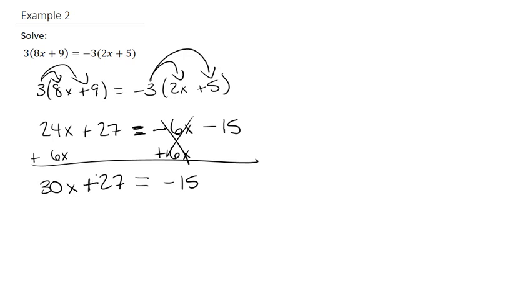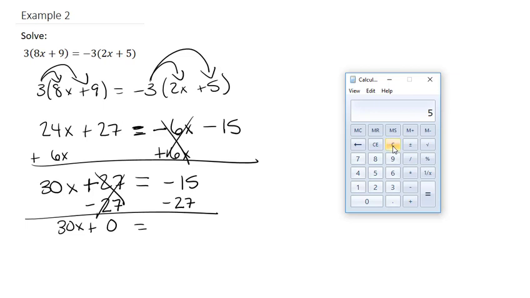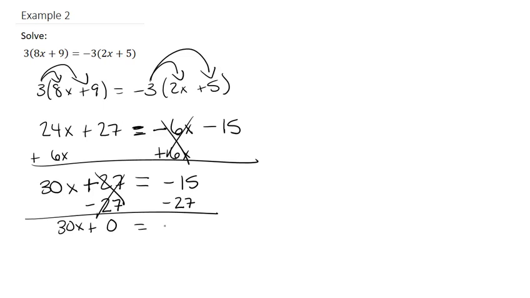Our next step is to subtract 27 from both sides. This gets rid of it here, so now it's just 0. So now we have 30x plus 0, which is equal to negative 15 minus 27, which is equal to negative 42. So now we have 30x equals negative 42.